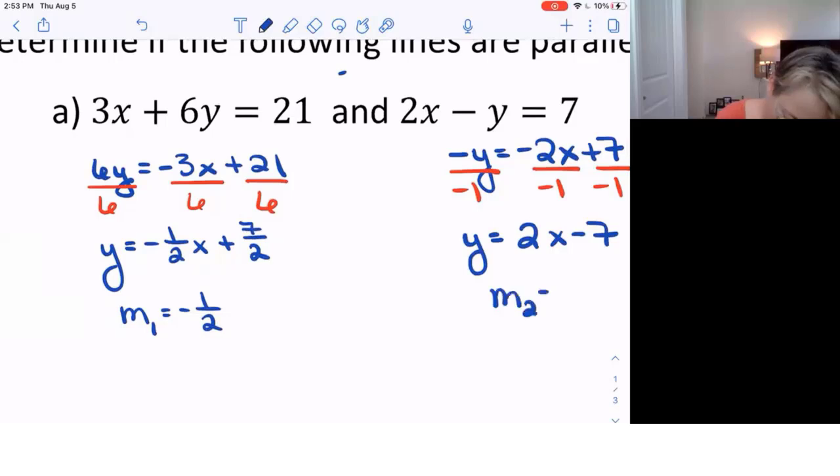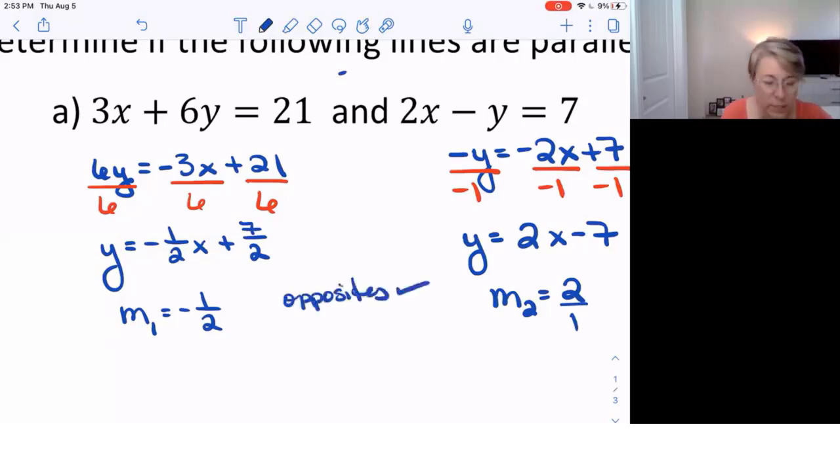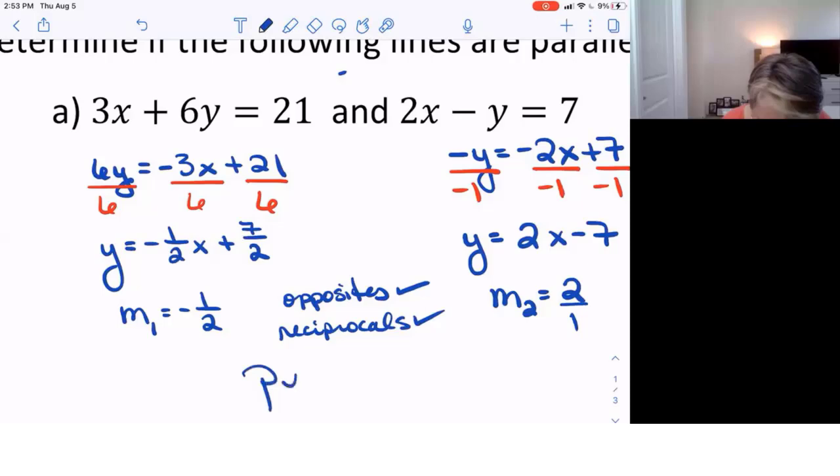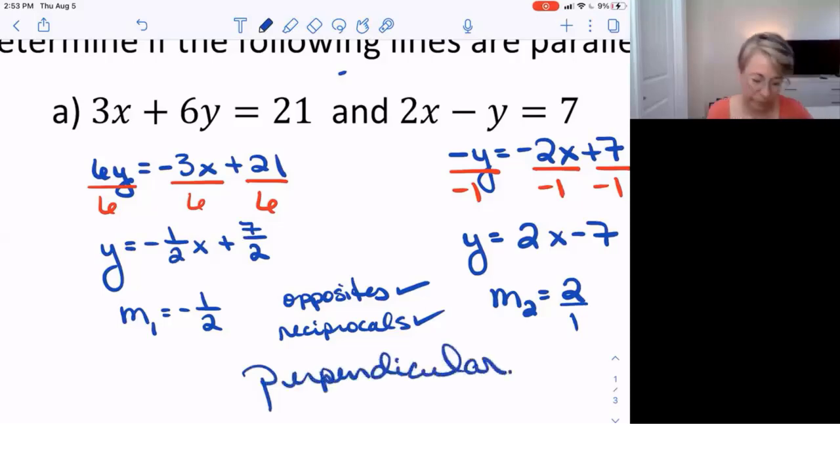So the slope of this guy is positive 2. Well, we could write that 2 as a fraction, 2/1. Notice both of these are opposites. One's positive, one's negative, and they're reciprocals. That means they are perpendicular.